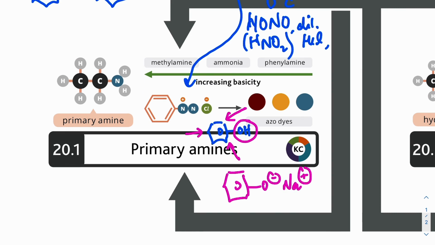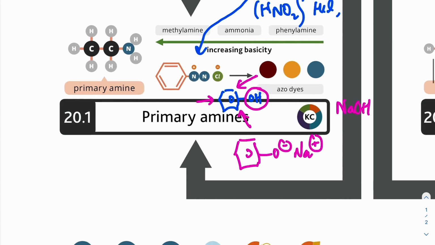That becomes much better in terms of donating electron density and activating the 2, 4, and 6 positions. To do that you just use phenol with NaOH to get the sodium salt, or you use KOH and get the potassium salt, and then that reacting with diazonium, you would be able to get those things called azo dyes.